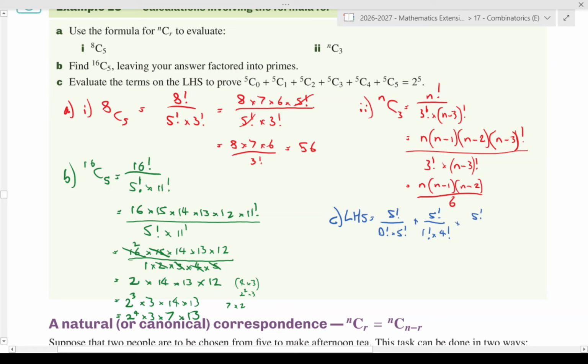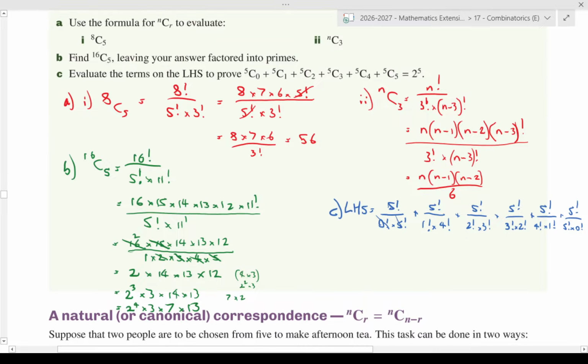Then we've got 5 factorial over 2 factorial times 3 factorial plus 5 factorial over 3 factorial times 2 factorial plus 5 factorial over 4 factorial times 1 factorial plus 5 factorial over 5 factorial times 0 factorial. Okay, so I've done all those.